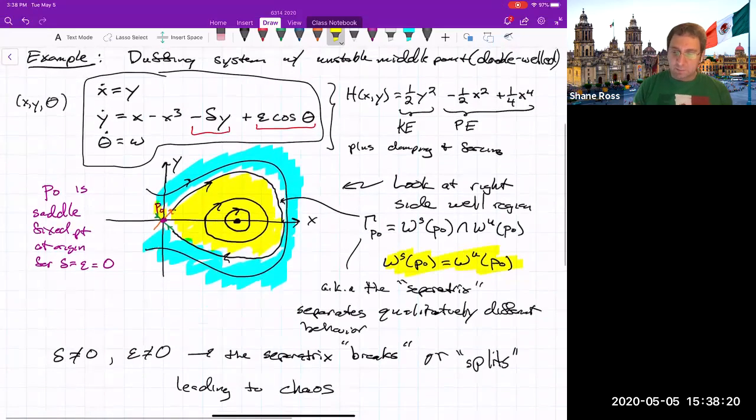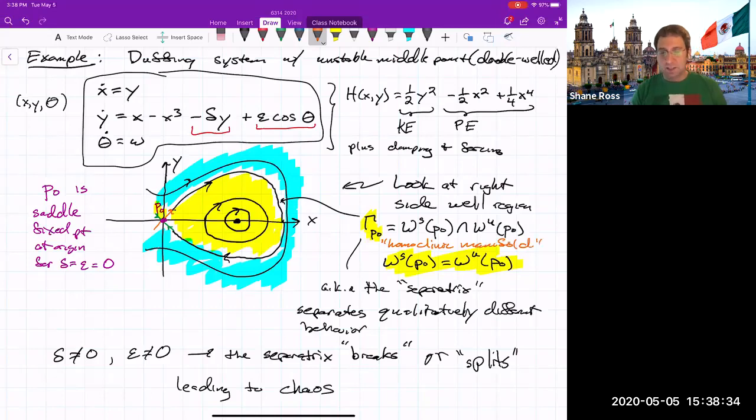We can define something that we call gamma P sub 0. This is the homoclinic manifold. It's made up of all those points that are on both the stable and unstable manifold, which in this case is this entire trajectory.